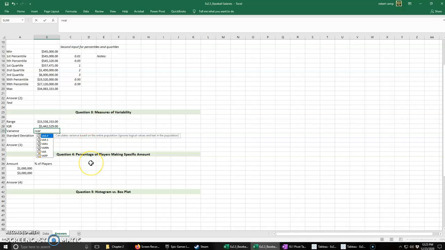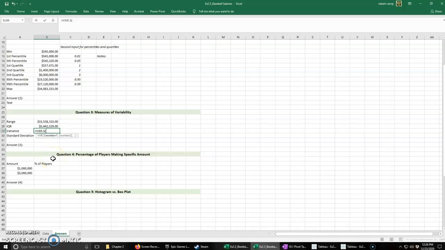Now we have a couple of different options for variance: var.p gives it to us for the population, and var.s gives it to us for the sample. We are going to be doing it based on the sample, so we're going to be ignoring text and logical values in there, and that's fine.